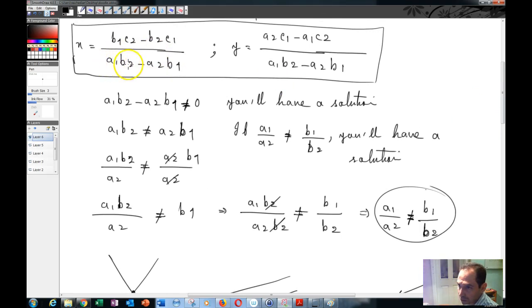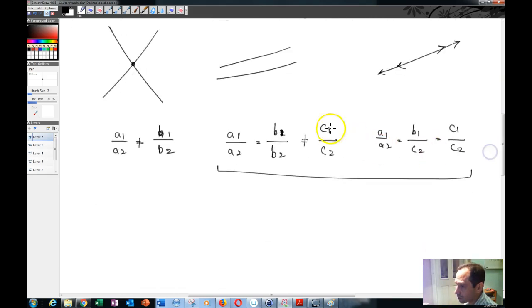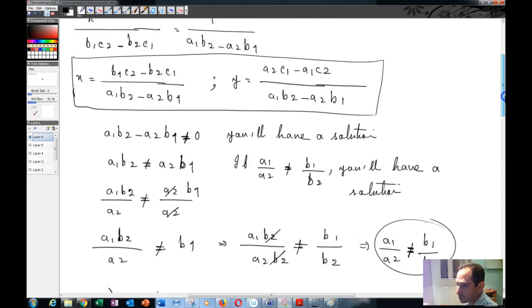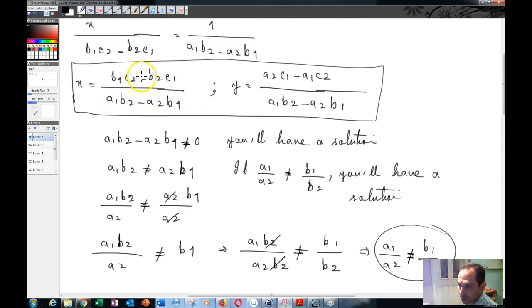But if a1b2 minus a2b1 is equal to 0, when you use these two formulas or equations, whatever you want to call them, then that means that you cannot use these formulas, because you would be dividing by 0, right?